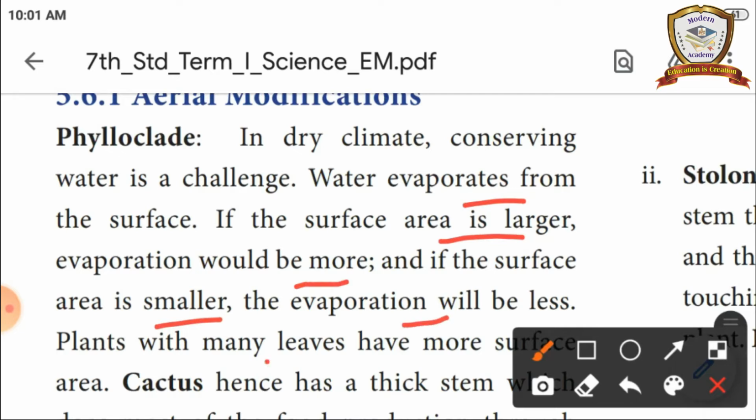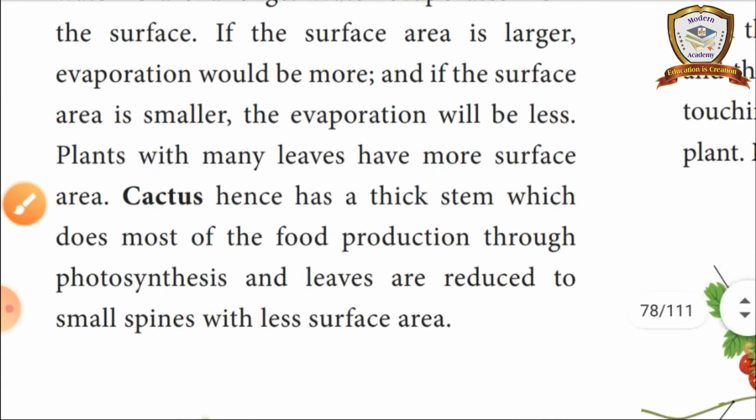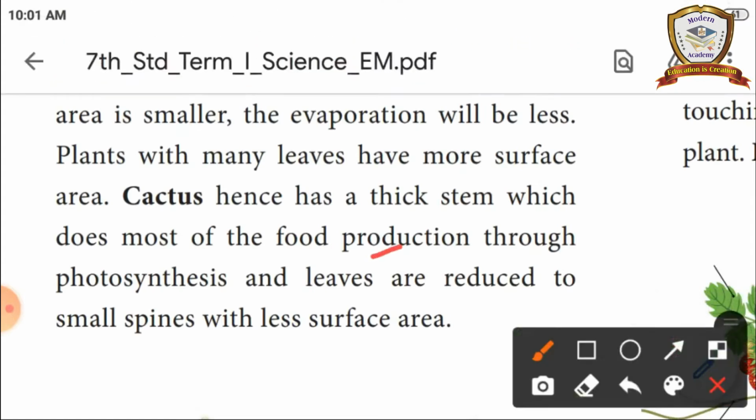So plants with many leaves have more surface area. Cactus hence has a thick stem which does most of the food production through photosynthesis, and leaves are reduced to small spines with less surface area. So if the plant surface area is huge, the evaporation is also huge. Evaporation means waste of water.